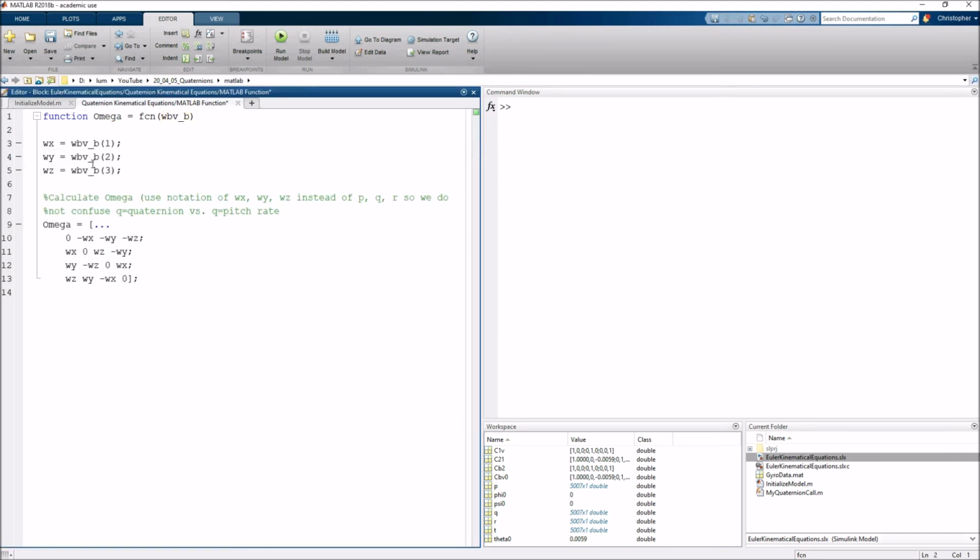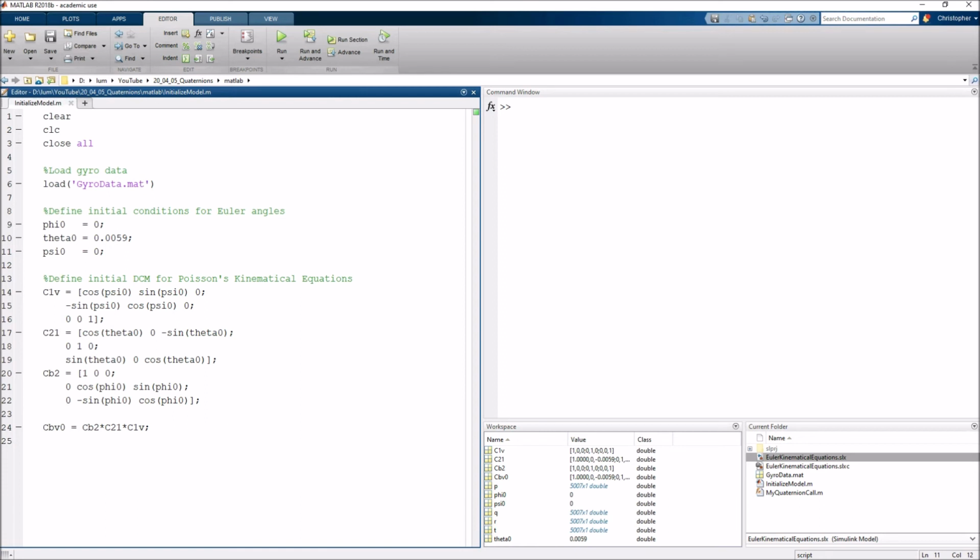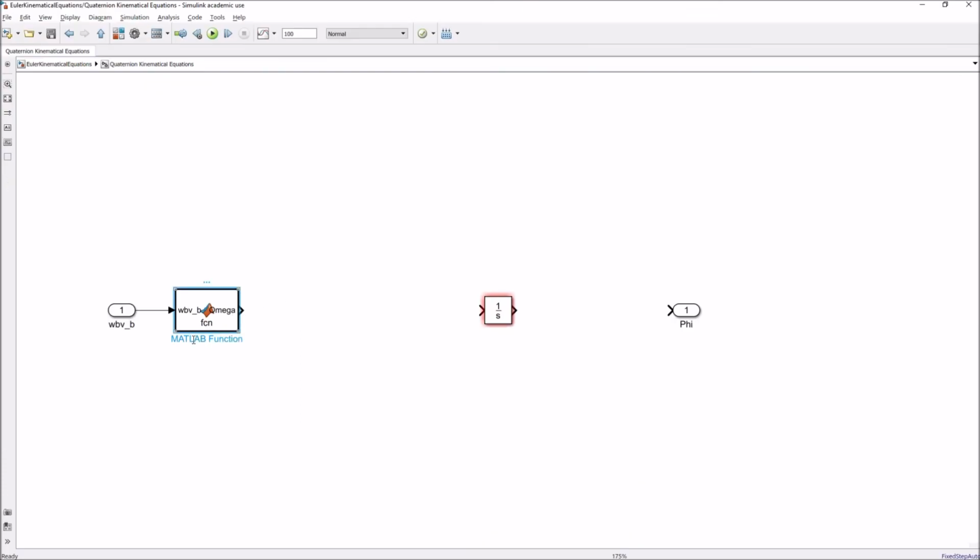But this is basically what we talked about on the board. I'm just going to pull out omega x, y, z and then form that 4x4 matrix. Okay, so I'll save this and close it and come back to the Simulink model and keep building. So what this does is it forms the omega matrix.